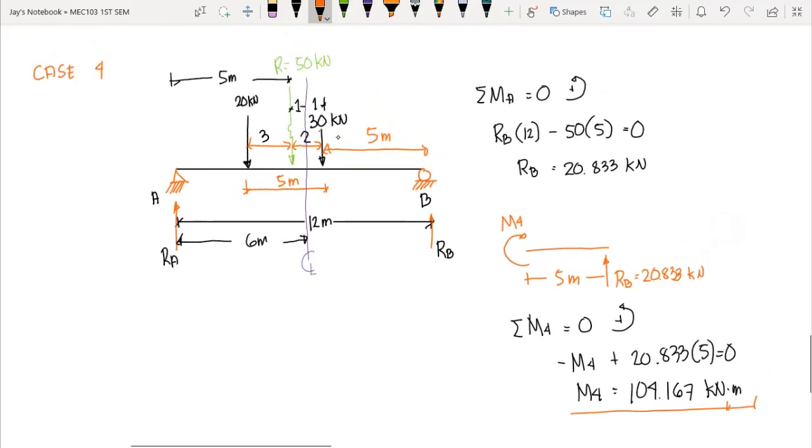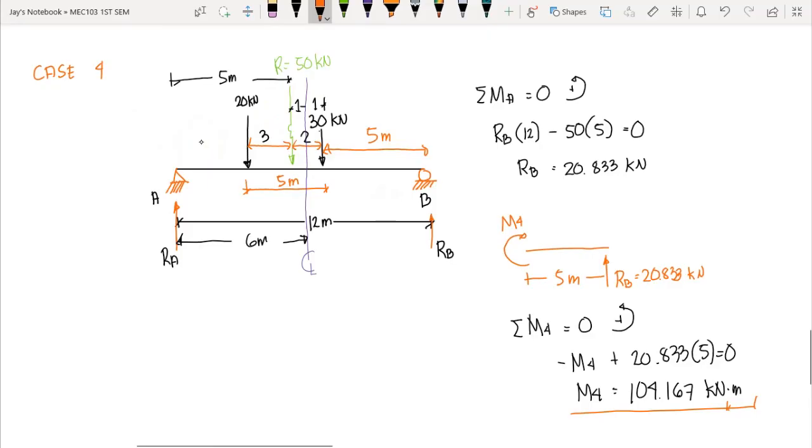Now, if you may ask, do we still need to compute the maximum moment by placing the midspan between 20 kilonewton and 50 kilonewton on the center line? That was the procedure, correct? However, if we do that, there would be a possibility that the 10 kilonewton load, which is outside of our beam, will go back to the beam.